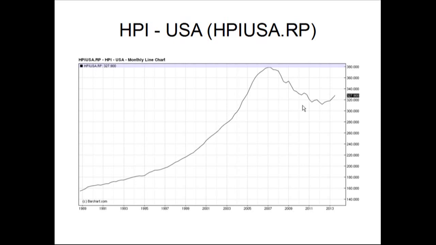This is more of a fundamental chart based on information that really probably isn't 100% factual, so it's very hard to make any sort of authoritative decision on which way the US housing market will go long term.